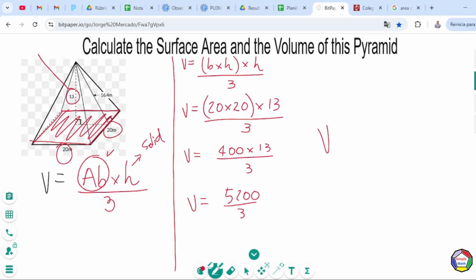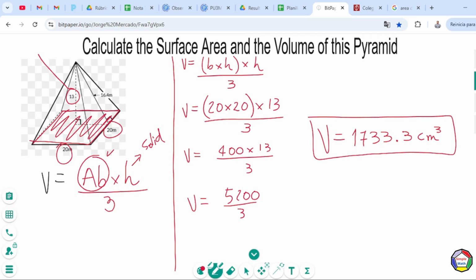We have finally that the volume is equal to 1,733.3 centimeters cubed. Centimeters cubed, because we're speaking about volume.